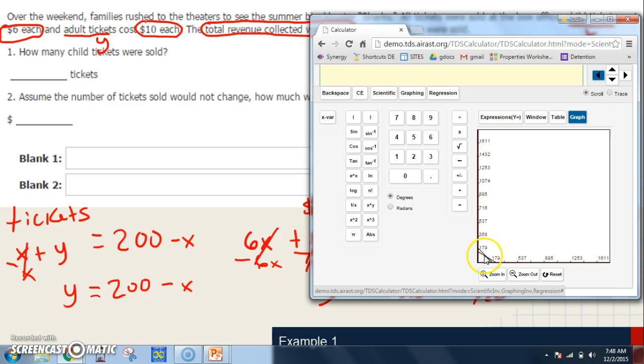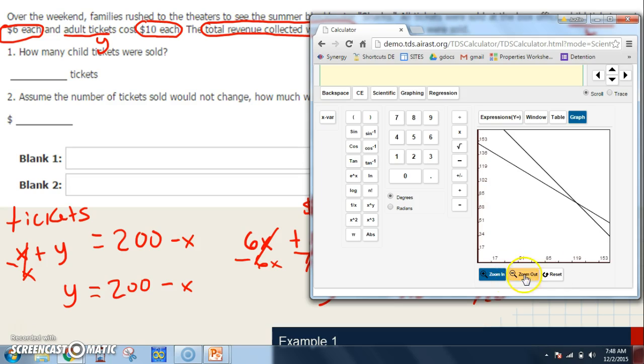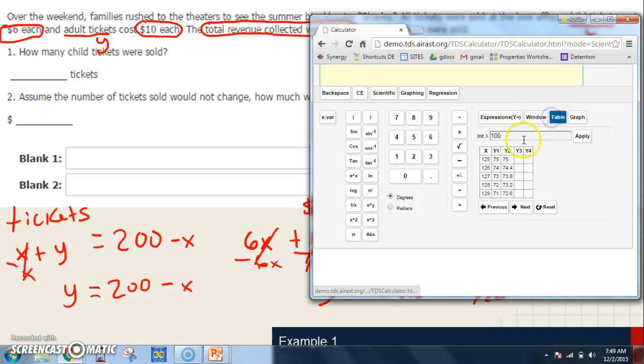So I can see way down here, I've got an intersection point. I'm just going to go ahead and zoom in. So I can see that the point's hitting the x-axis around 119. Around 119. To verify that, I go to my table. I say that I want to go ahead and begin my values at around 119. I apply that.